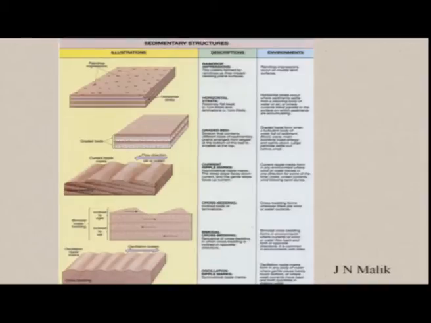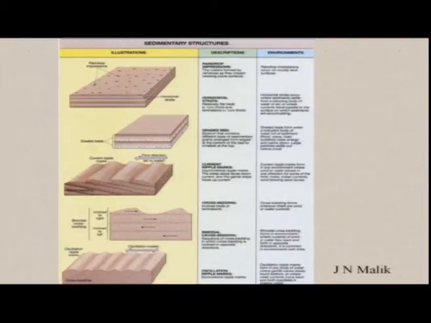Then, these are illustrations which give you an idea about the surface manifestations as well as the structures formed in different sedimentary environments. For example, you have horizontal strata, and then graded beddings, which we have already discussed.